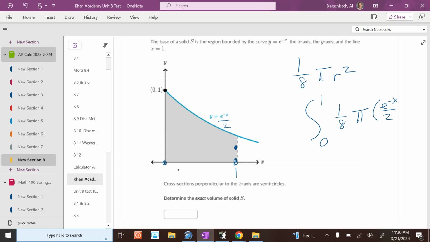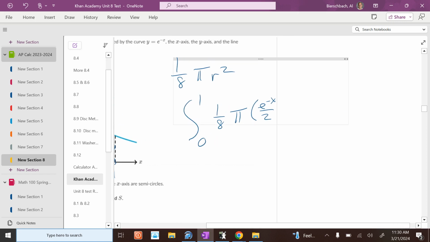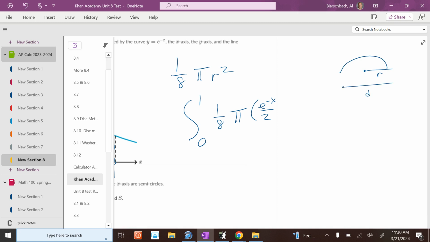Is it pi r squared or is it pi d squared? Okay, let's figure this out. A semicircle. So if this is a radius, then this is a diameter. So the semicircle is 1/2 pi r squared.